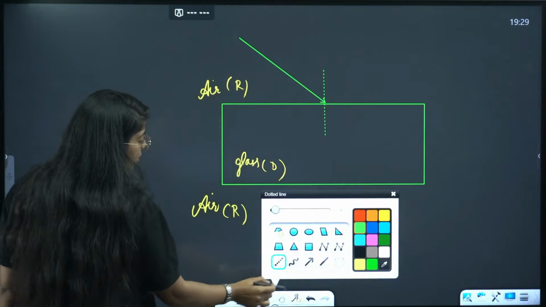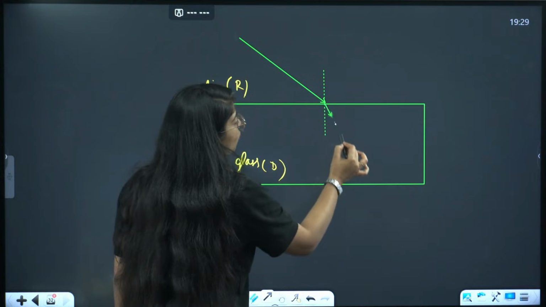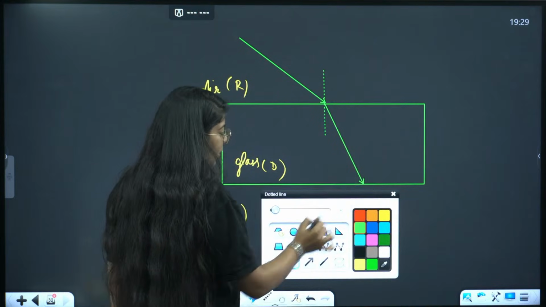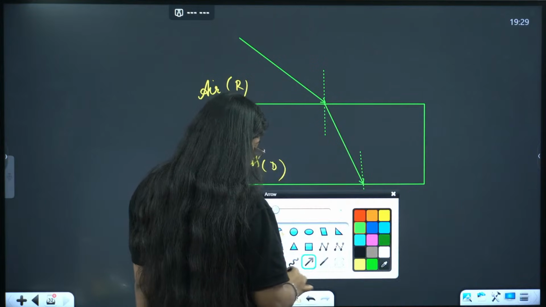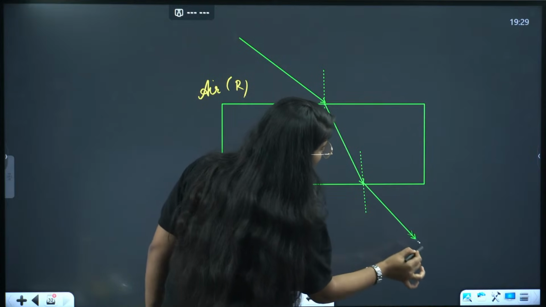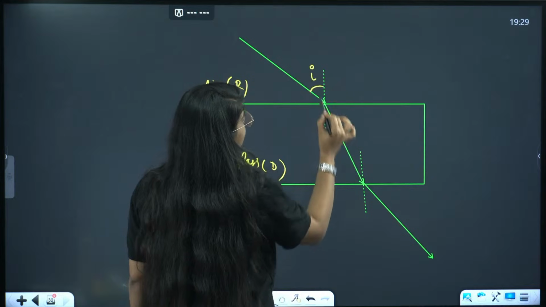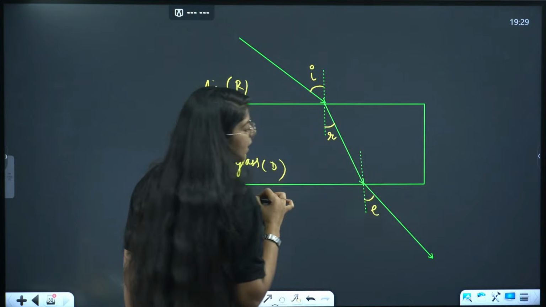Now we know that since the ray is going from rarer to denser, it will bend towards the normal. Done? Again draw the normal on this point. Now the ray is going from denser to rarer. That means it will go away from the normal. ठीक है? This is my angle of incidence, this is angle of refraction, and this is angle of emergence.